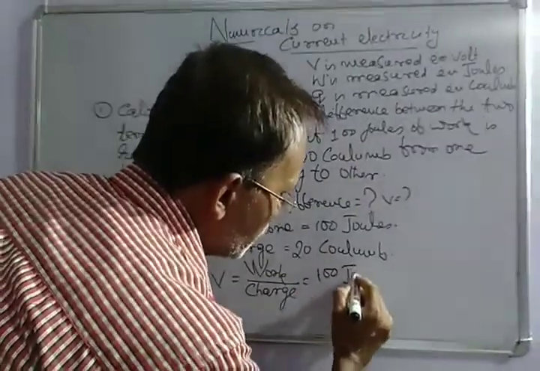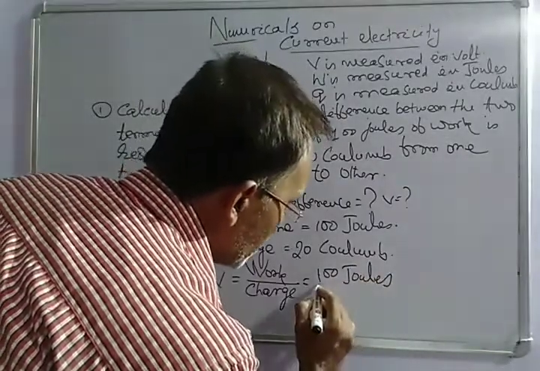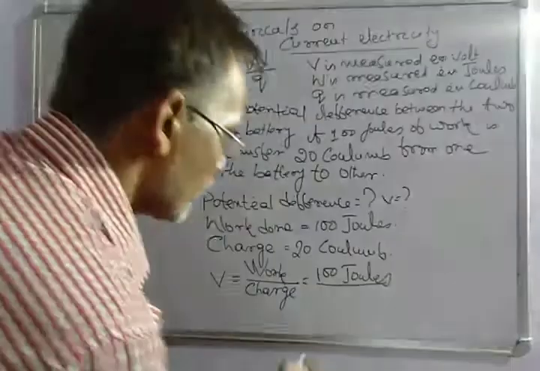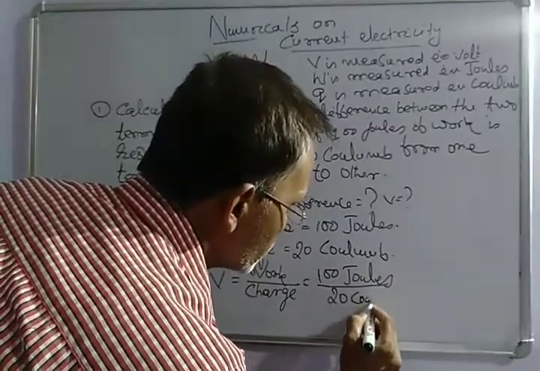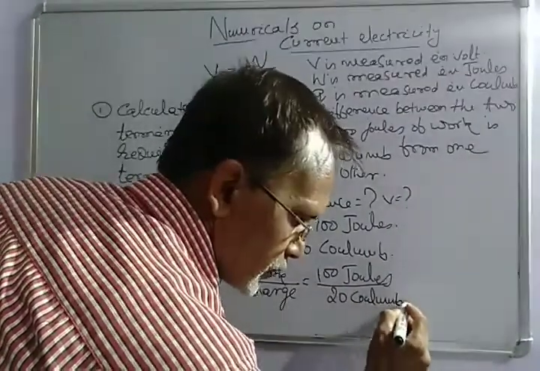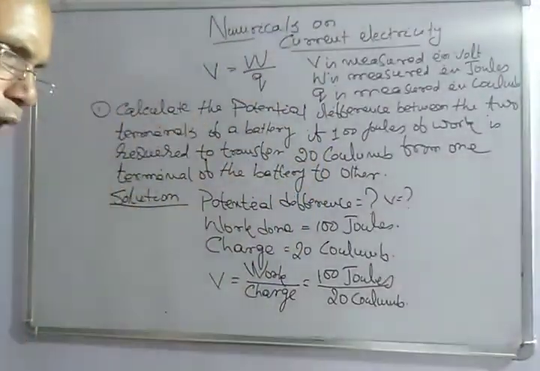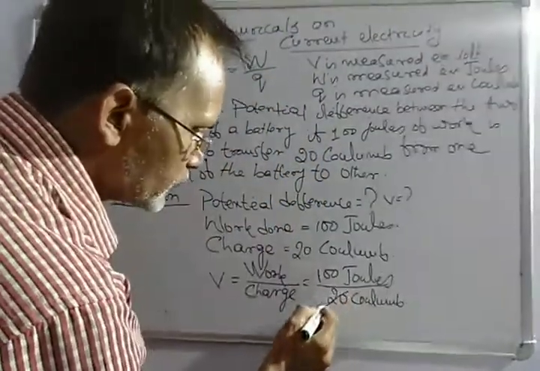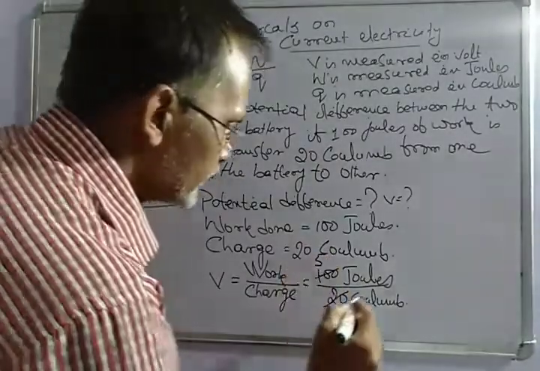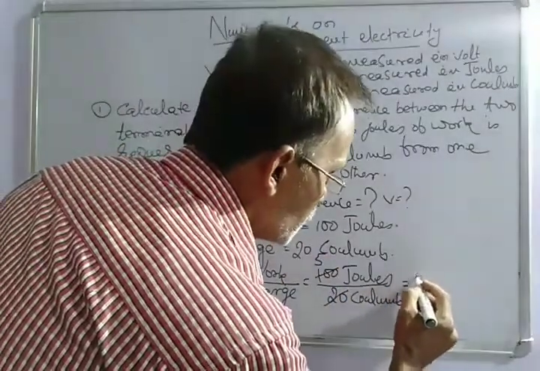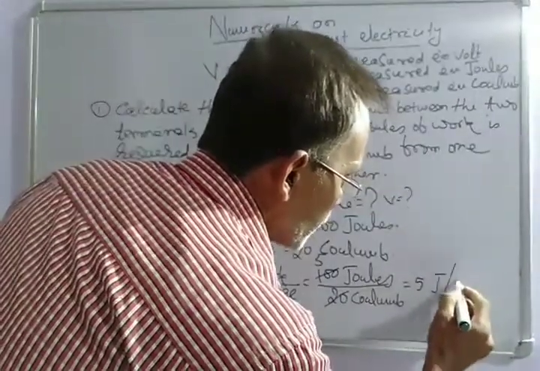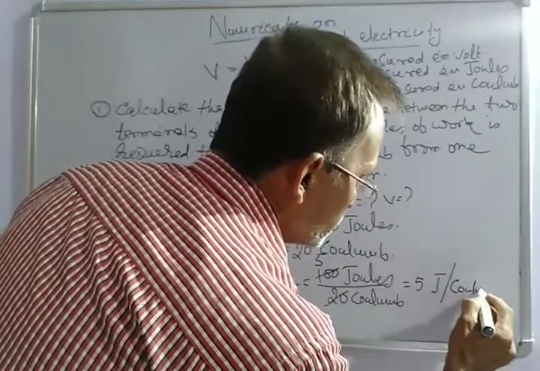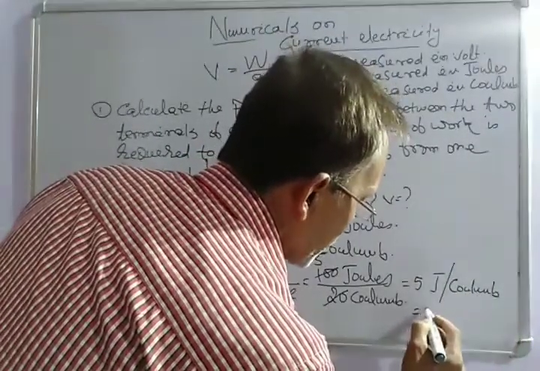Write with the units. Q is given here as 20 coulomb. So when we cut this, this is equal to 5 joules per coulomb, that is equal to 5 volt.